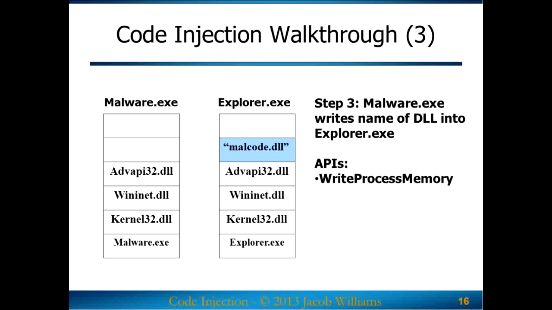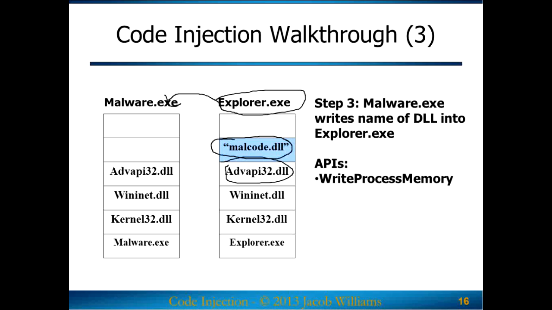So the next thing our attacker is going to do is write the name of a DLL into the victim process. Now the reason I have quotes up there is, as opposed to the others here where I'm actually implying that there's code loaded, in the malcode.dll case, he's only writing the string malcode.dll. This is actually a precursor step for loading malcode.dll into memory using the loader.